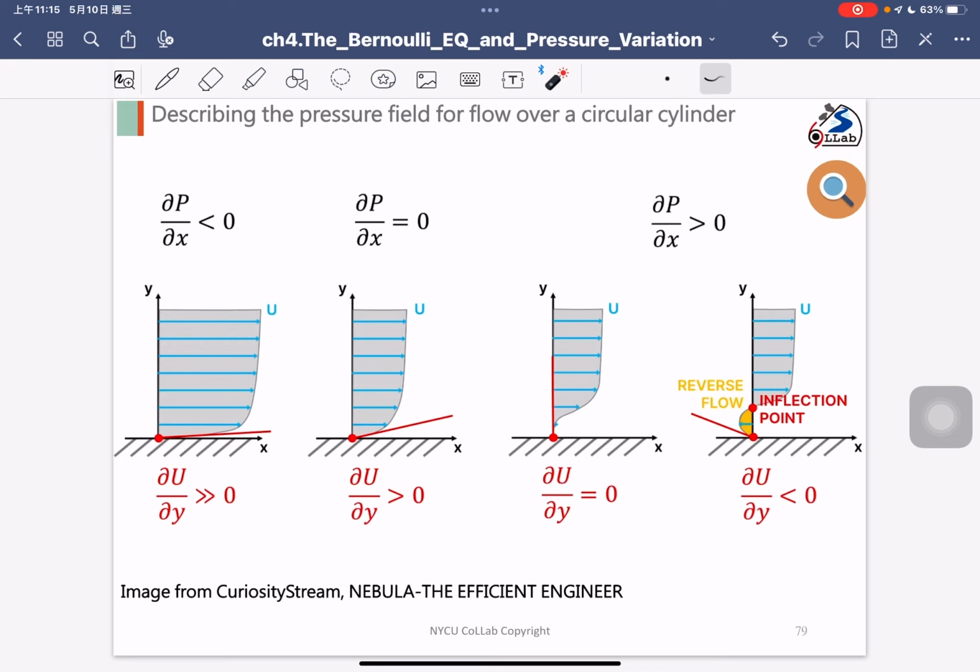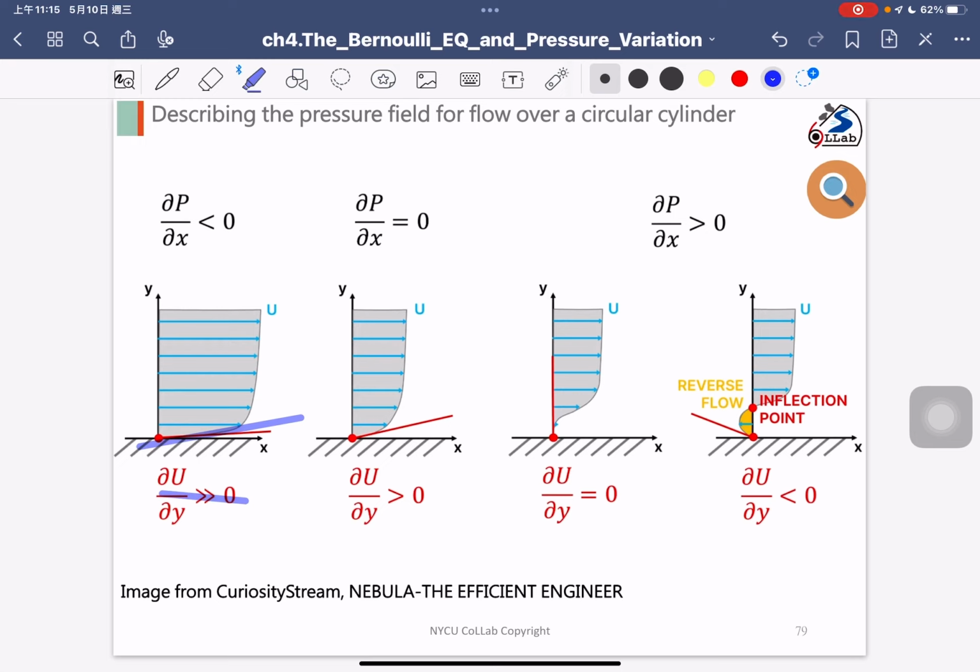Okay, so in that case, if the fluid particle accelerates, look at the velocity profile at the bottom point here, the velocity gradient along this direction, the slope is very flat. That indicates the velocity gradient is much larger than 0.